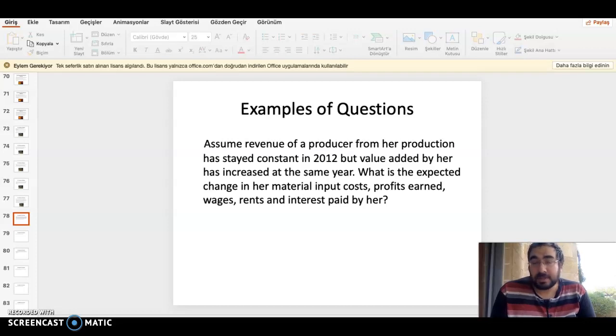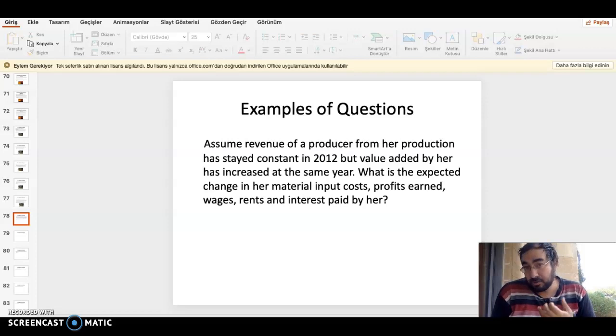The first question asks: assume revenue of a producer from her production stayed constant in 2012, but value added by her increased in the same year. What is the expected change in her material input costs, profit earned, rents, wages, and interest paid by her? Note that value added is the sum of profit, wage, rent, interest, and all other payments made to the contributors to the production.